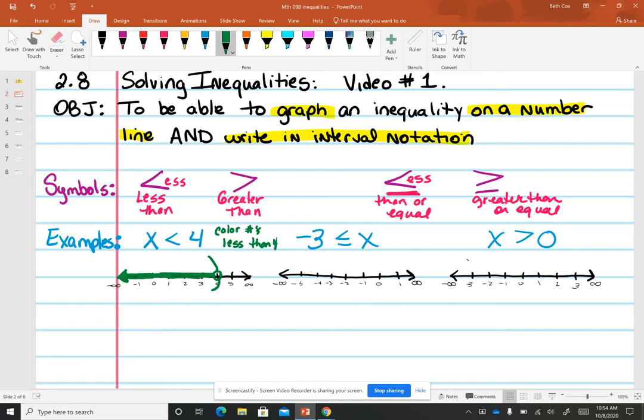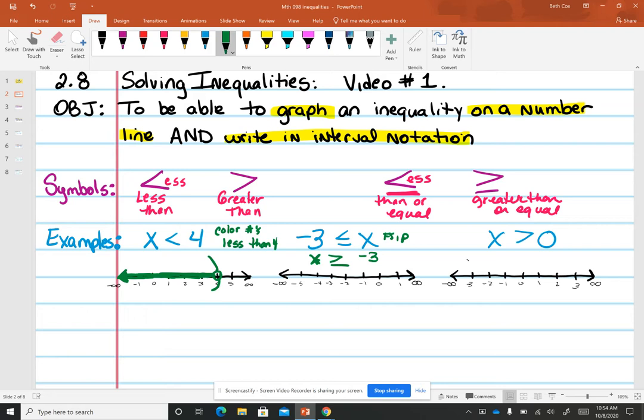The next one does not say x is less than or greater than anything. It's written backwards. So flip this around so that it says x first. If it says x on the left and negative 3 on the right, then the alligator is going to continue eating the x. We don't want to change the meaning.